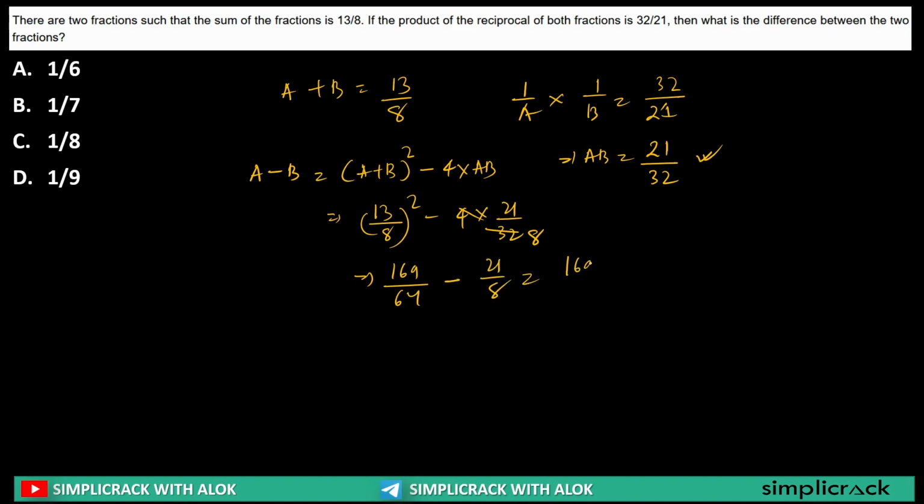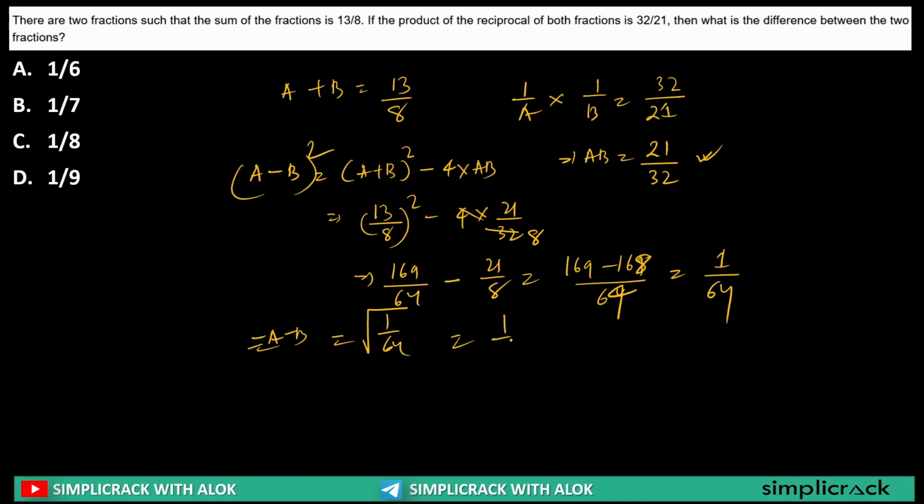This can be written as 169 minus 168 by 64. It is equal to 1 by 64. A minus B whole square is equal to this much. So A minus B will be square root of 1 by 64, that is 1 by 8. I hope this is clear.